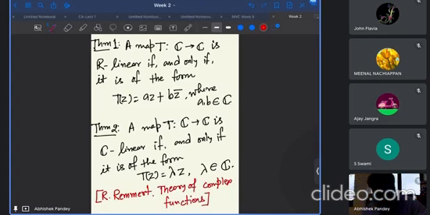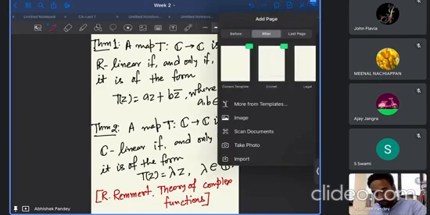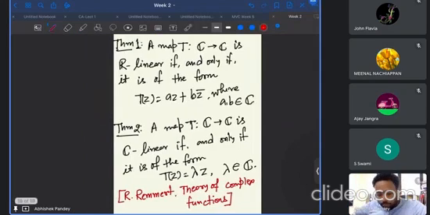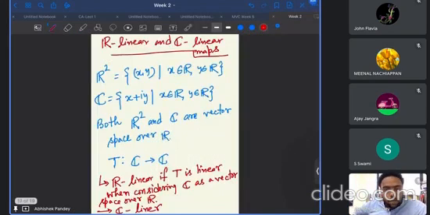In the content you can see the page number or something. So I hope this is clear. We will move towards the problem on this one. So is it clear to everyone? R linear and C linear map.